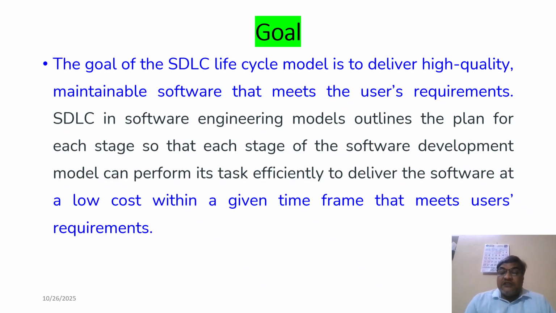And there are some constraints available. There are two major factors. One is low cost, as well as delivery within a stipulated time. These are all the constraints available for delivering quality software.